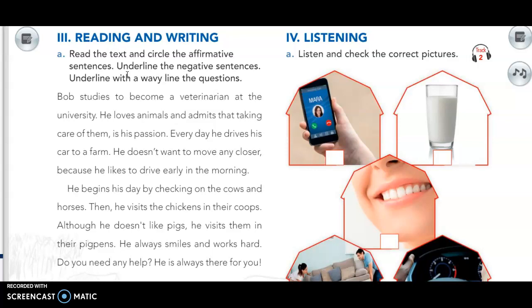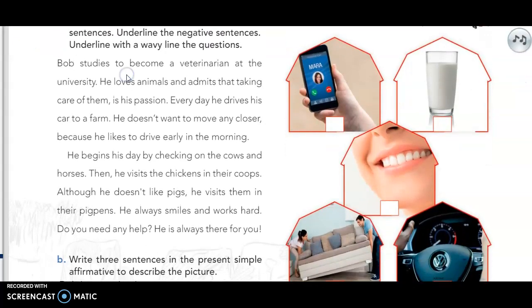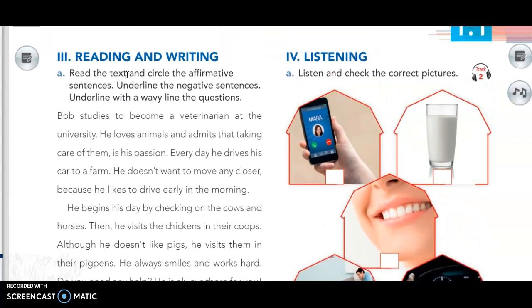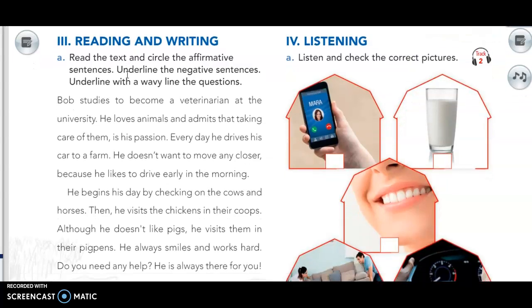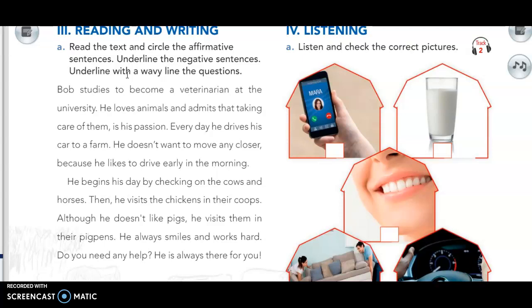Underline with the wavy line the questions. ¿Qué quiere decir esto? Vamos a leer el texto. Vamos a circular las oraciones afirmativas, subrayar las negativas y con una línea curva subrayar las preguntas. Voy a leer el texto ahora y ustedes pueden repetirlo para que escuchen cómo se leen las palabras y después subrayar, circular o con una línea curva subrayar las preguntas.